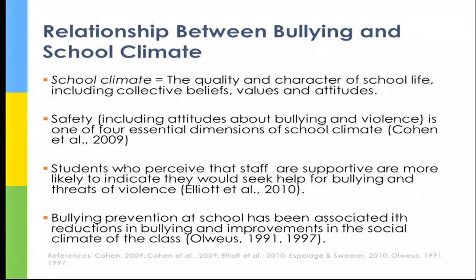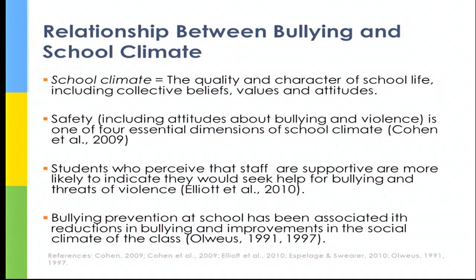Many have argued that bullying, if it's prevalent or if it's not adequately addressed within a school environment, can contribute to a negative school climate. Cohen and his colleagues, in fact, note that safety issues, which include attitudes and experiences related to bullying, are one of 4 essential dimensions of school climate. And research confirms connections between bullying and aspects of school climate.